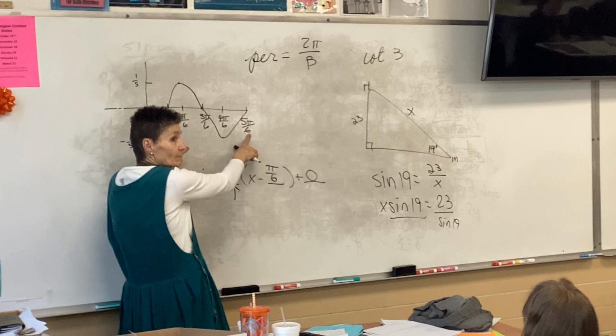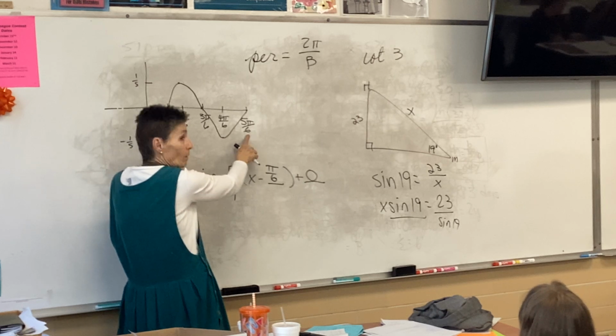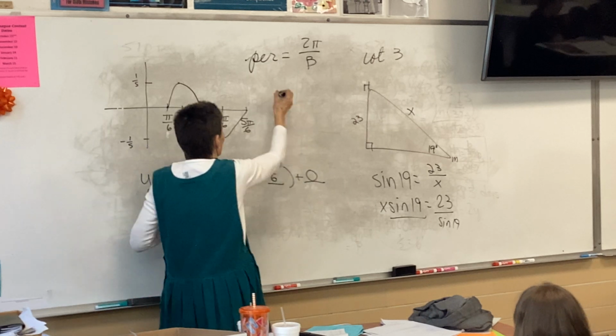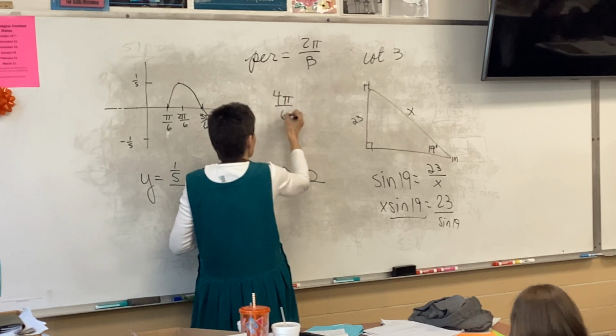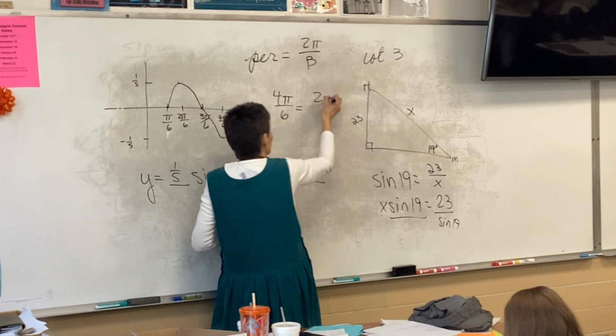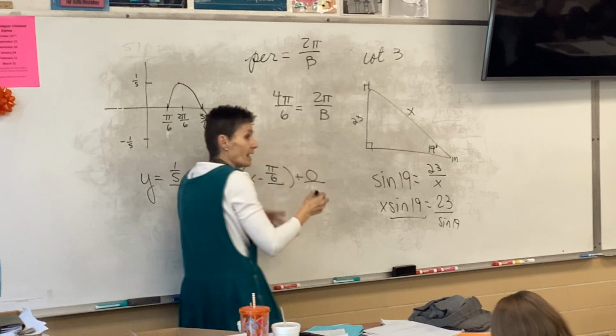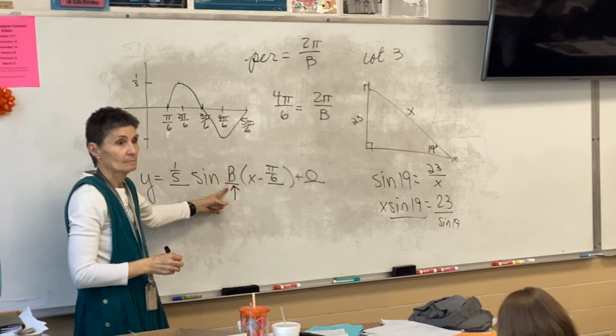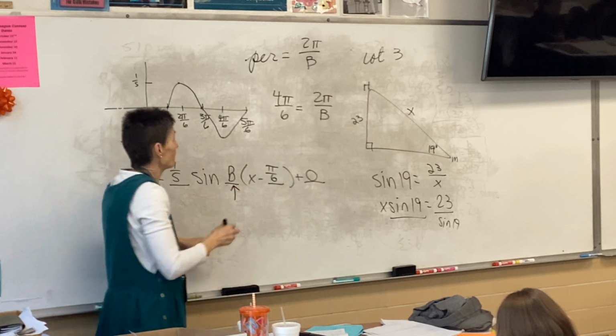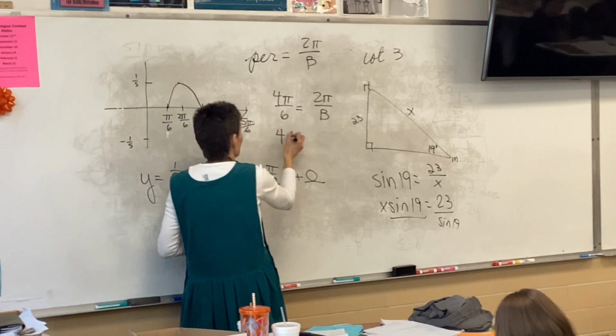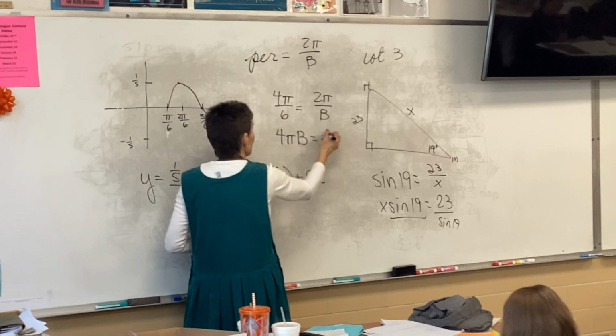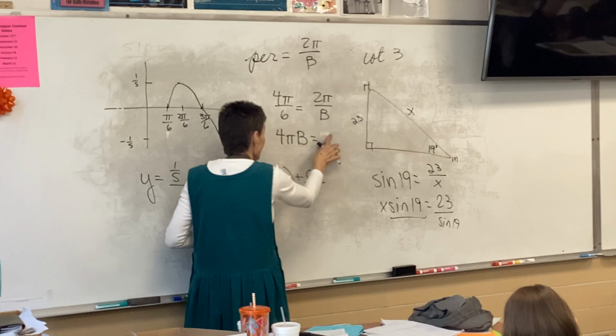4 pi over 6? Isn't that 4 pi over 6? Yeah. So 4 pi over 6 equals 2 pi divided by that number. So I'm going to cross multiply. 4 pi b equals 12 pi.